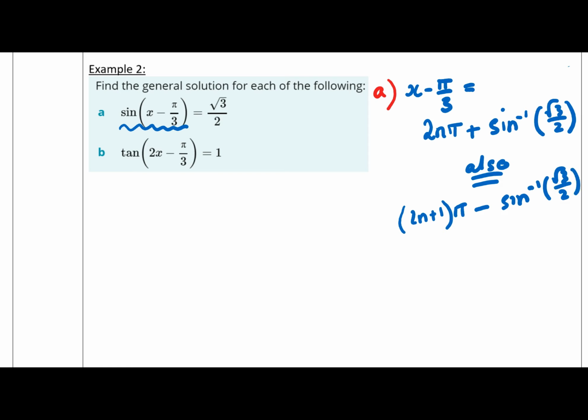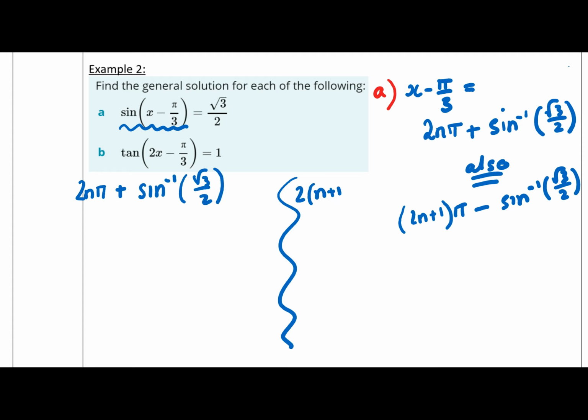So there's two separate solutions here that we're going to look at, and I might split them up as such. We'll say this one will be 2n pi plus the arc sine of root 3 on 2. This will be 2n plus 1 pi, so I've just got those brackets wrong, sorry, minus the arcsine of root 3 on 2. We'll just clean this up.